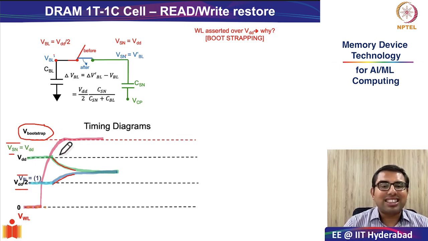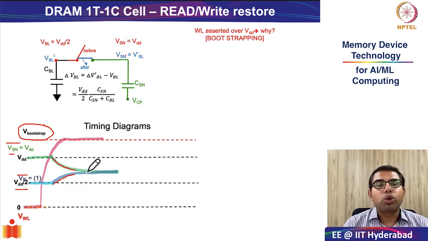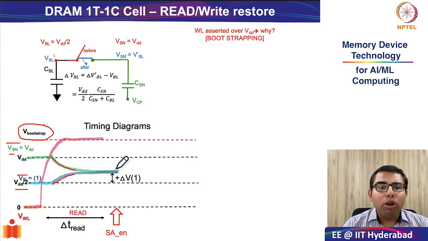Once this transistor is turned on, you will see that the voltage on the storage node will start dropping, and that on the bit line will start increasing. And at one particular time, both of them will become equal or almost equal, and there will be sufficient voltage difference from the original bit line.